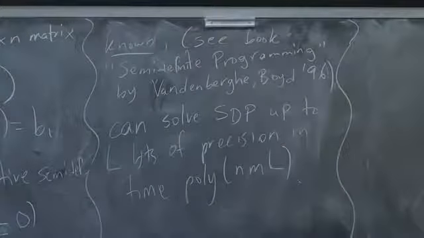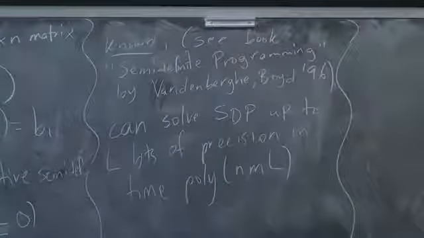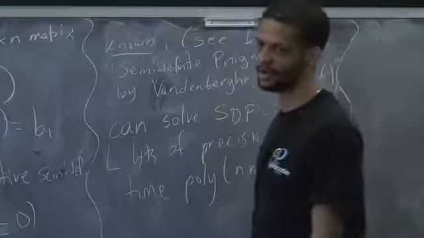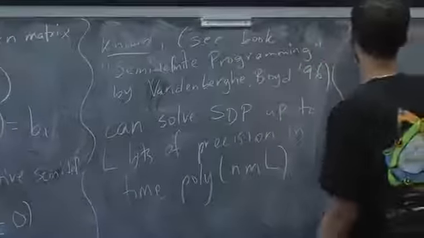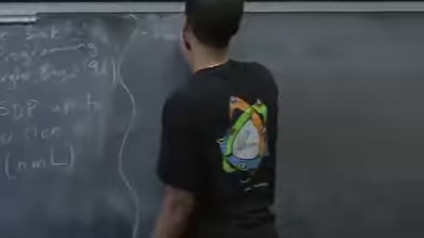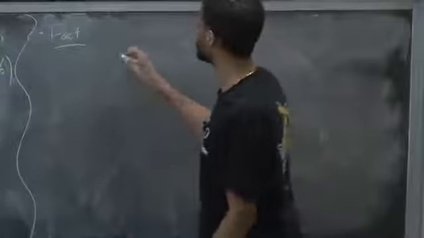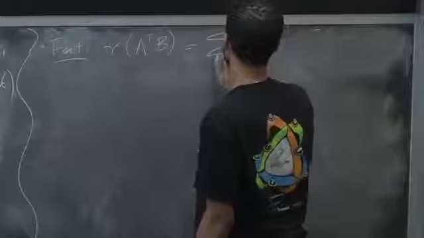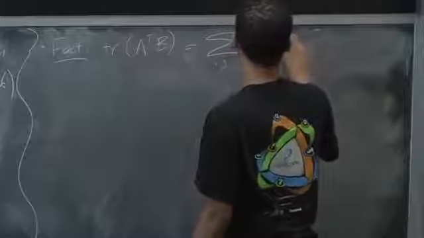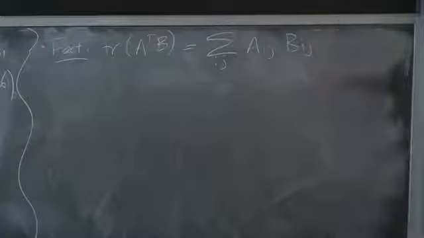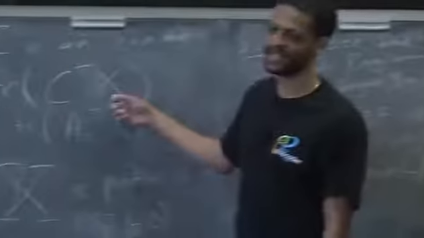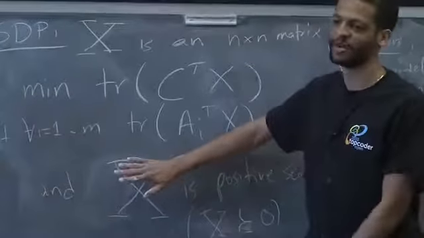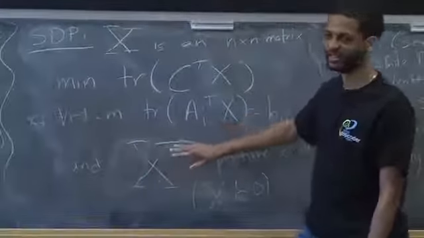And what is this trace of C transpose X business? I'm not going to prove it, it's just a computation. The trace of A transpose B in general is just the sum over i,j of a_ij b_ij. So really what this is saying is, except for the last part, which is really something matrix specific, don't view X as a matrix.